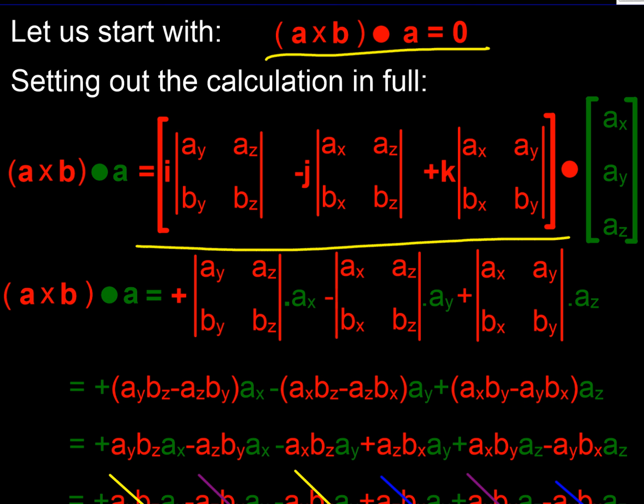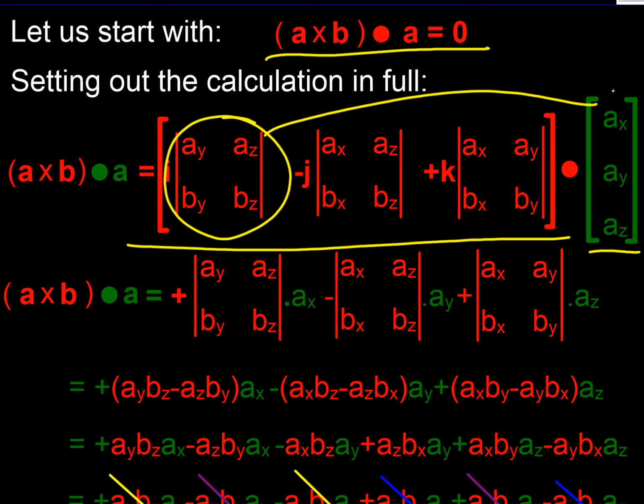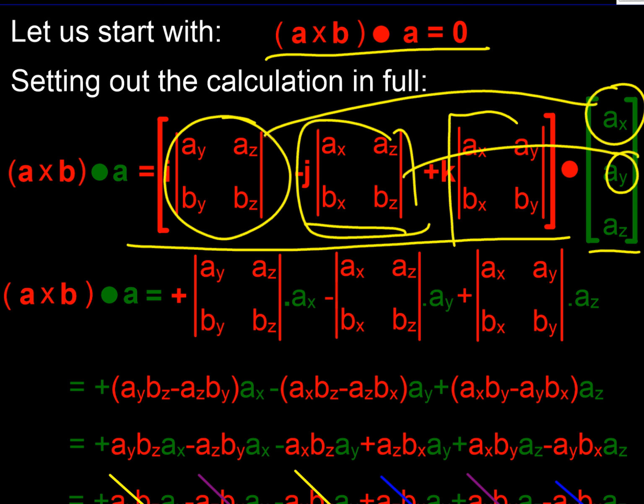So here's our cross product, and there's our A matrix. And what we're going to do, because we're multiplying them out with the dot product, we're going to take this determinant and multiply it by A. We're going to have this determinant multiplied by the Y component and this determinant multiplied by the Z component, yeah?